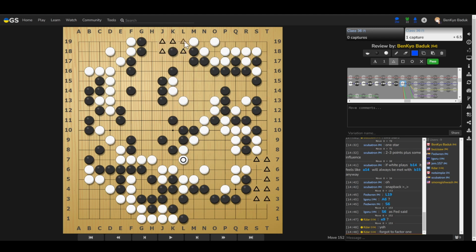But also when black plays L19, we should assume that white ignores it, because this black move here is much bigger than this white connect. Can you guys tell that? How big is it for white to connect here?